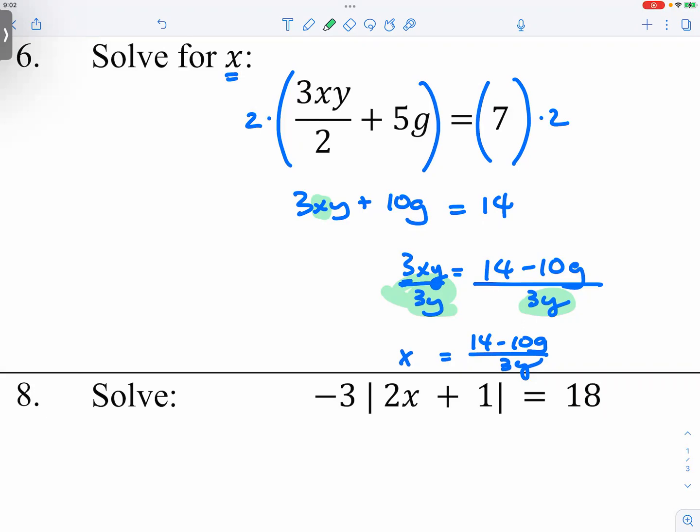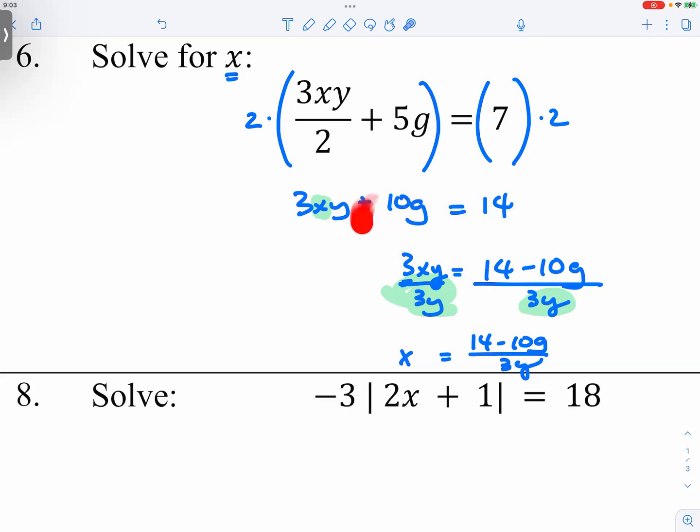Why do we divide by 3y and not subtract by 3y over here? They're all being multiplied, right? So you do the opposite. If they're all being multiplied, 3 times x times y, and you want to get rid of 3 and y, you do the opposite of multiplication, which is division. That's why.